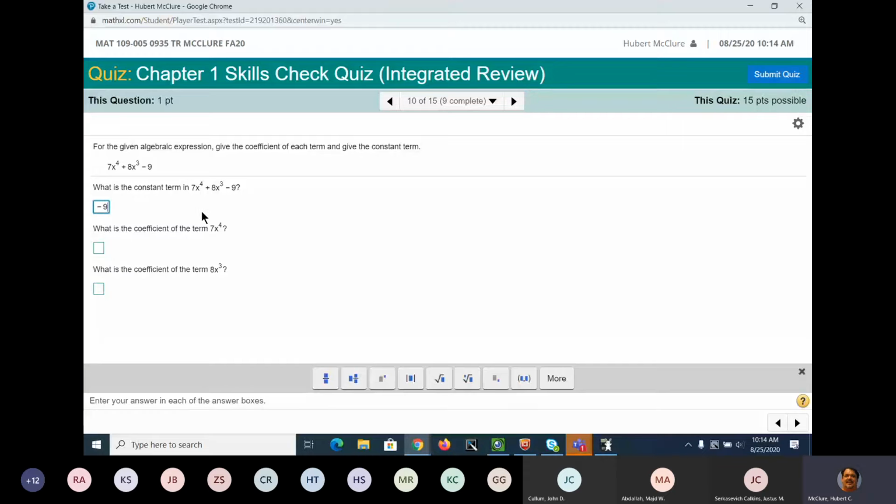Oh, I hadn't seen a question like this in a long time, since 101 and 102. What is the coefficient of the term 7x to the 4th? 7. What is the coefficient of the term 8x to the 3rd? 8. Coefficient is the actual number. Next.